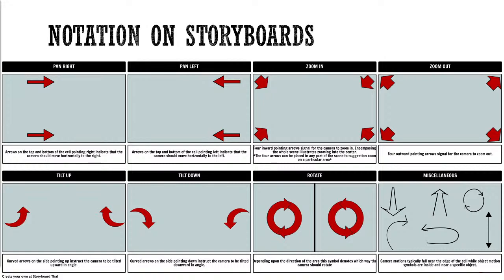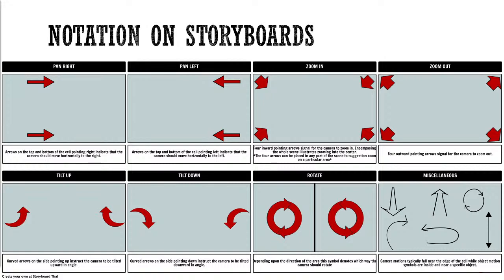If you're zooming in or zooming out, you have that with arrows at the edges. Now that's an even zoom in or out. In a second I'll show you what it would look like if you're trying to communicate zooming in on an object or a character. Same thing with tilting up.